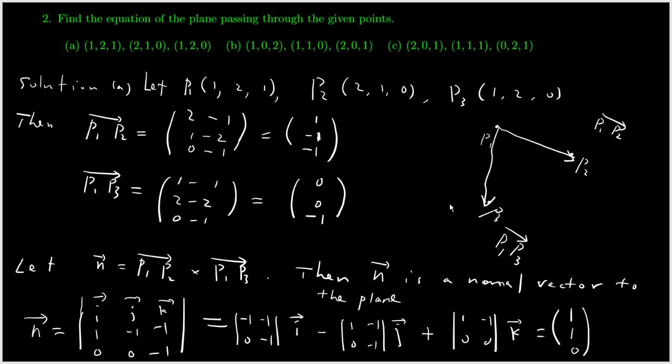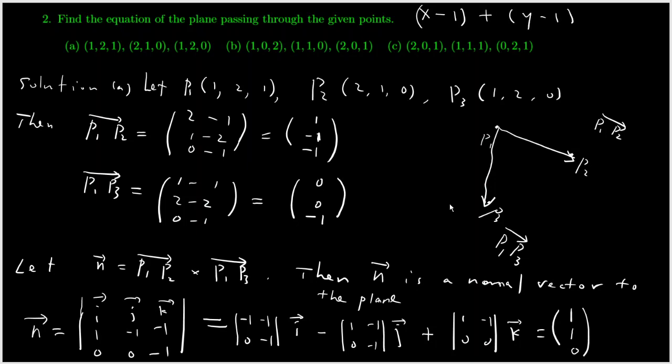So the equation of the plane would be something like this. 1 times x minus 1, right? Again, in the formula you have a times x minus x0. a value is 1, x0 value is 1. And then the second term, I believe you have y minus 2 actually. So it's 0, right?